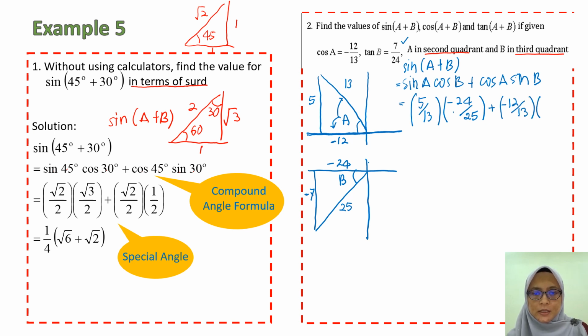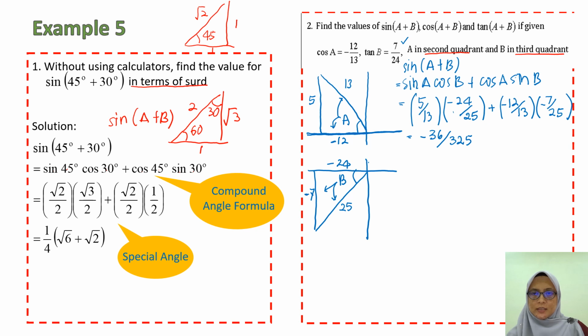Sin B is opposite over hypotenuse, so negative 7 over 25. So calculate the value, you will get negative 36 over 325. So that is for sin A plus B.